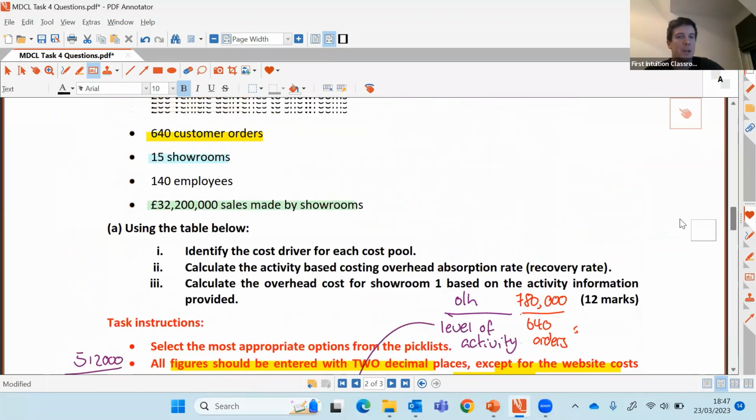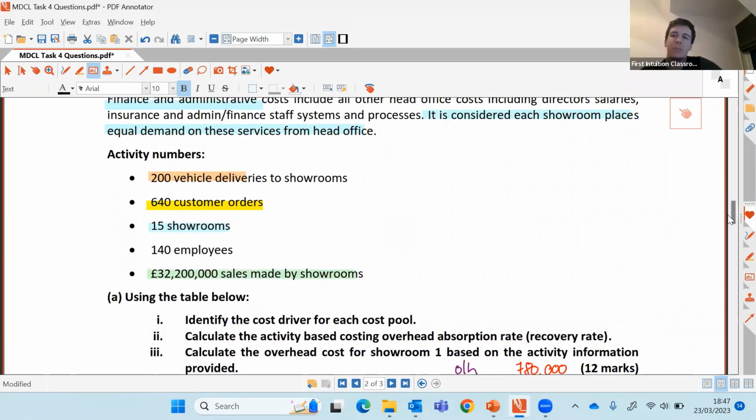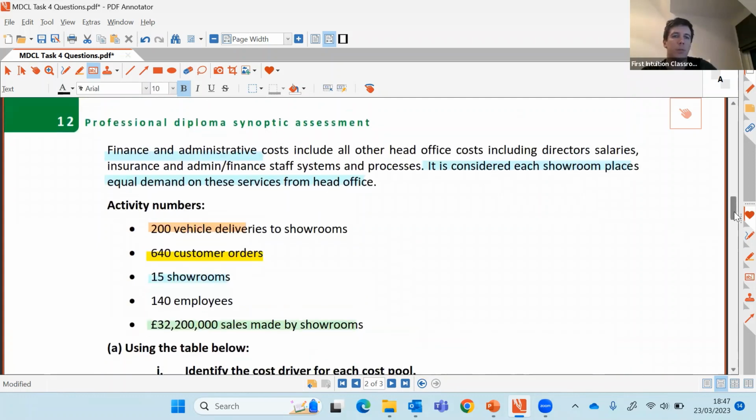Okay, let me help. Oh, this is a leading question. Is it fair that every single showroom pays the same amount, or has attributed to it, if you like, the same amount of finance costs and admin costs?